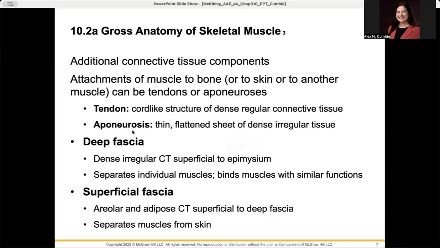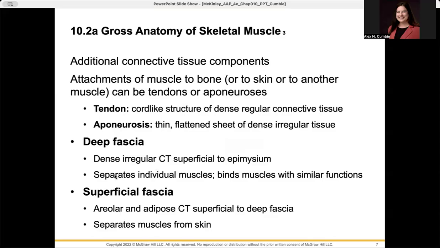And so it might not surprise you that aponeurosis is dense irregular connective tissue that is connecting muscles to each other. So we're not necessarily using an aponeurosis to connect muscle to bone, but we are connecting muscles to each other across maybe a wider area.